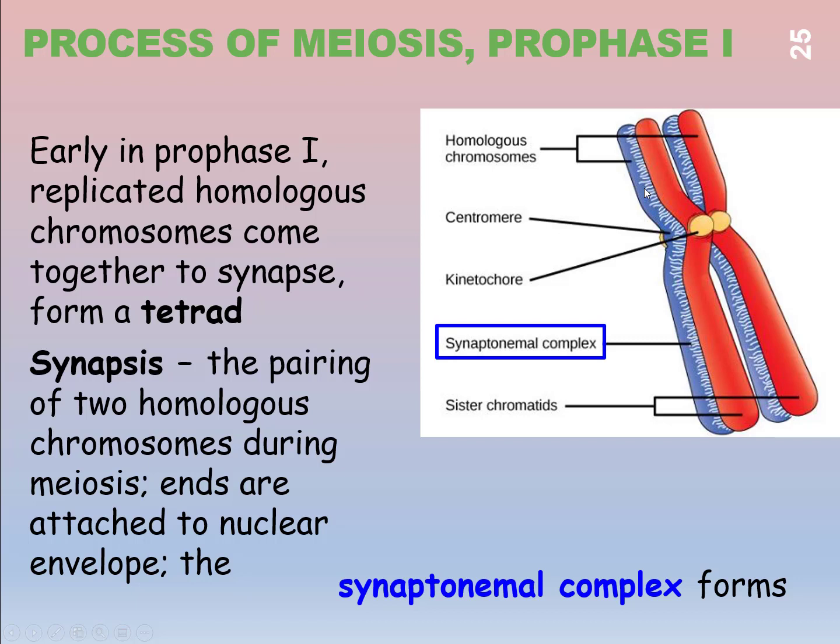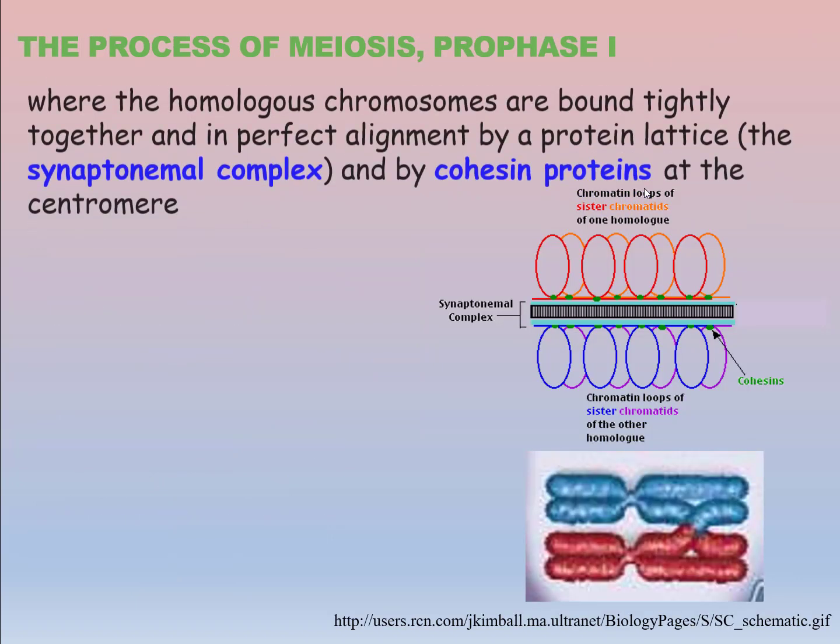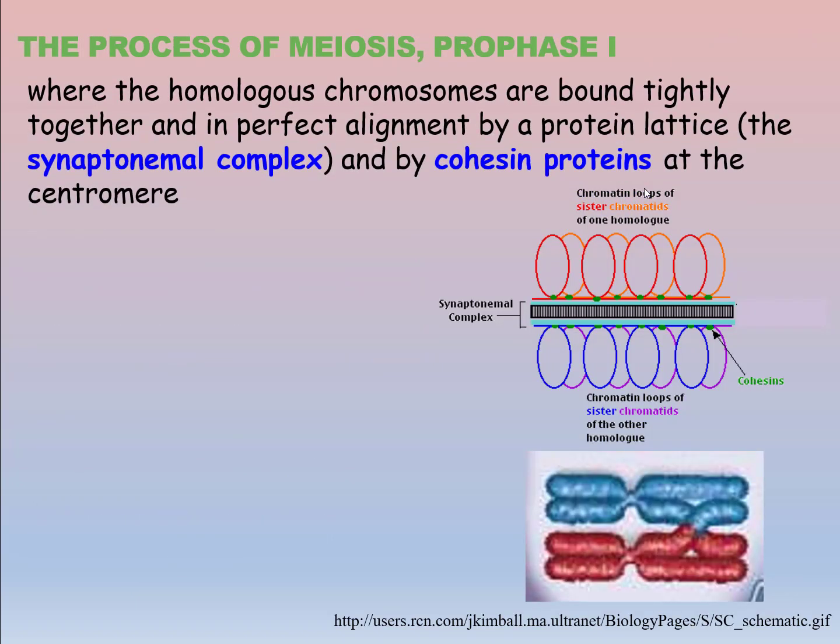Each thing is matched up gene by gene, locus by locus. Everything matches up perfectly. Where these things are bound, we also have those cohesin proteins that we talked about in mitosis. Those are found at the centromere.